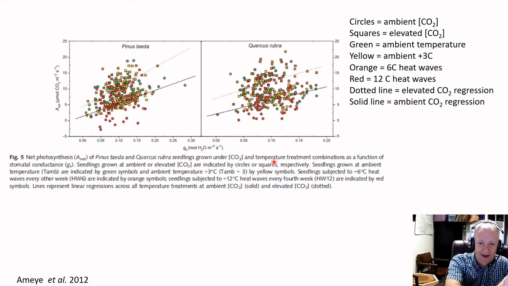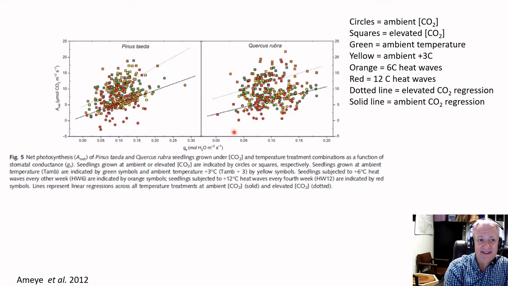It's a big mess here and there's lots of variation, and I encourage you to go look at the papers. But basically what they're showing is that the effect of these elevated temperatures is somewhat mitigated by elevated CO2. So this dotted line versus the solid line shows elevated CO2 at these different temperature regimes versus ambient CO2 at these different temperature regimes in loblolly pine and red oak.